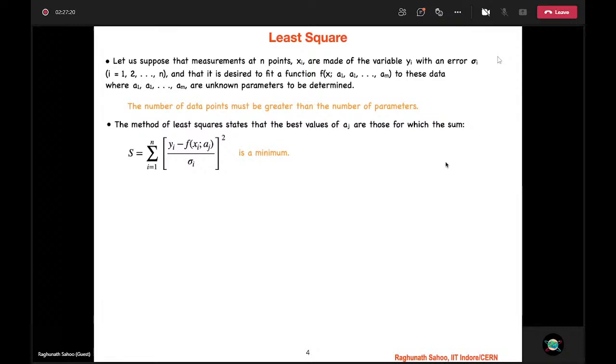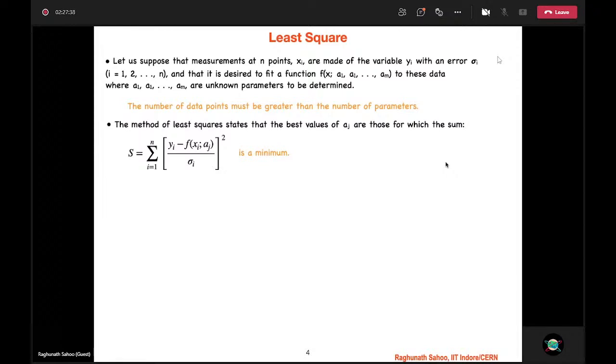That means the deviation of your measurement from the theoretical curve, weighted by your sigma_i, which is the standard deviation or the error on that measurement, should be minimum.